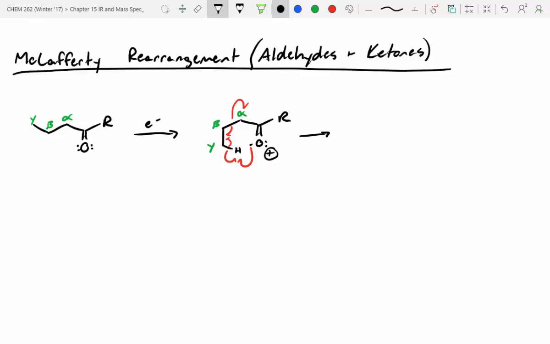So let's go through and try to figure out all of our fragments that came out of this. You see how between the beta and gamma position we formed a new bond? That means that it's an alkene, right? And then over here, our ketone now has a proton coming off of it.